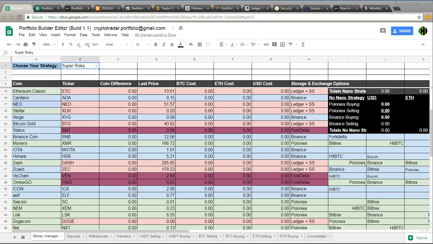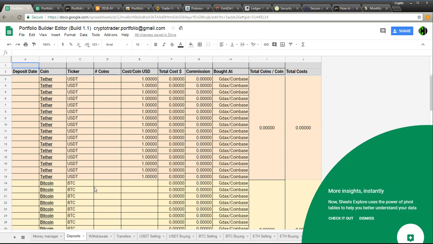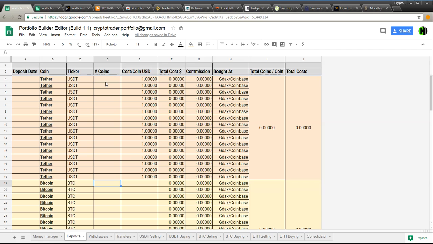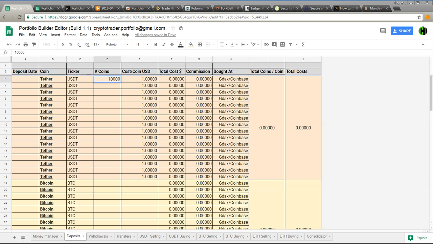So right now what I'm going to demonstrate is how a portfolio would be built on the super risky strategy. So what I'll do is just click on the Deposit tab, and let's say we deposited $10,000 into our GDAX account.